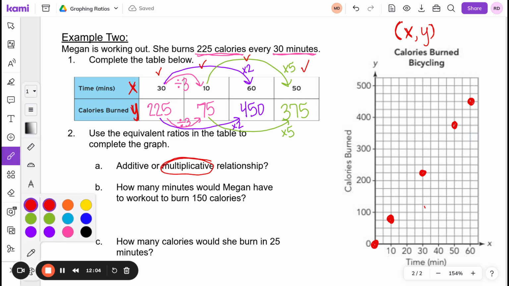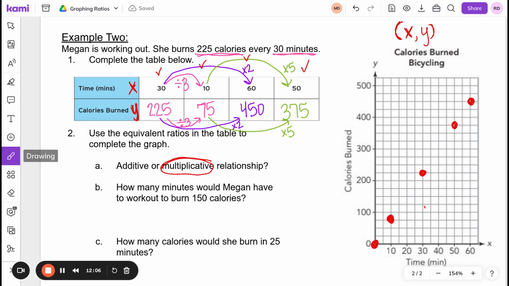And now time for some equivalent ratios. It says, how many minutes would Megan have to work to burn 150 calories? So our starting ratio was 30 minutes burned 225 calories. And we want to get to 150 calories. I don't know about you, but I don't know an easy way to turn 225 into 150 with multiplying or dividing.